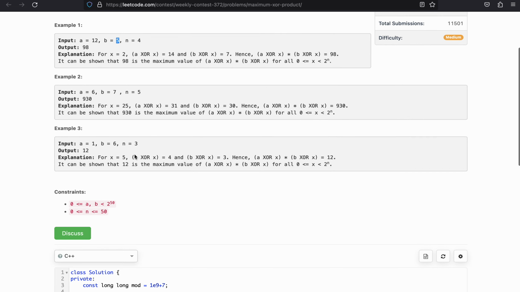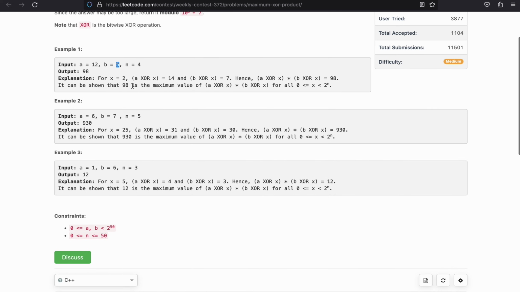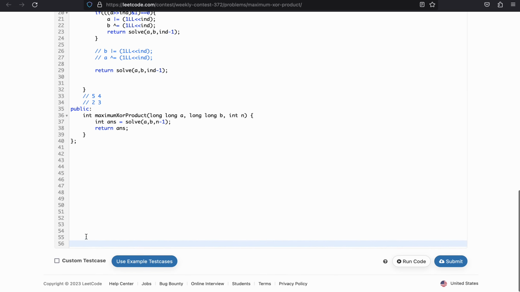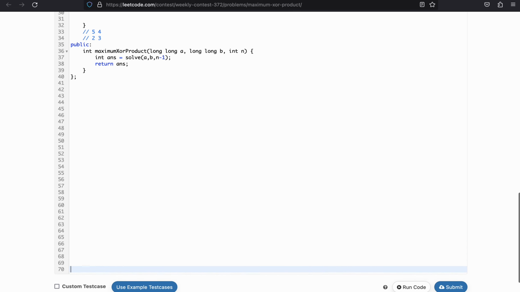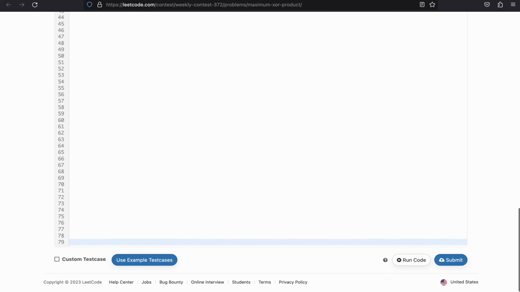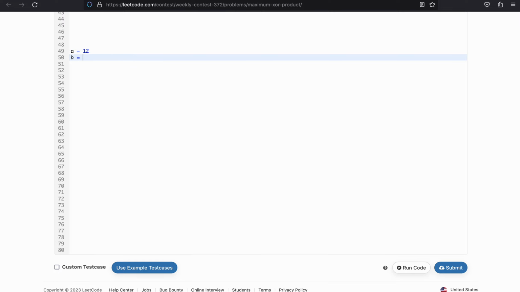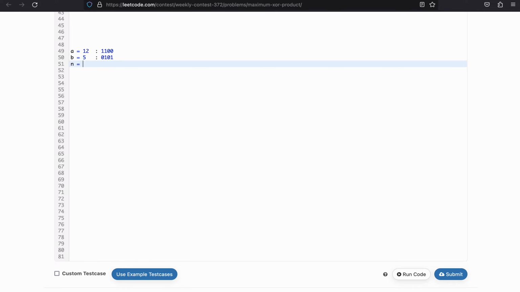So if we have a equal to 12 and b equal to 5, then in bits, 12 becomes 1100, and 5 becomes 0101. We are also given n equal to 4 in this problem.